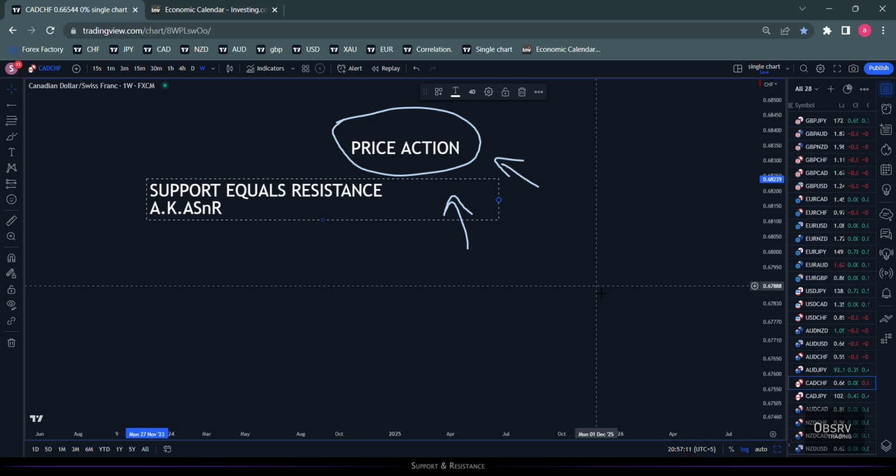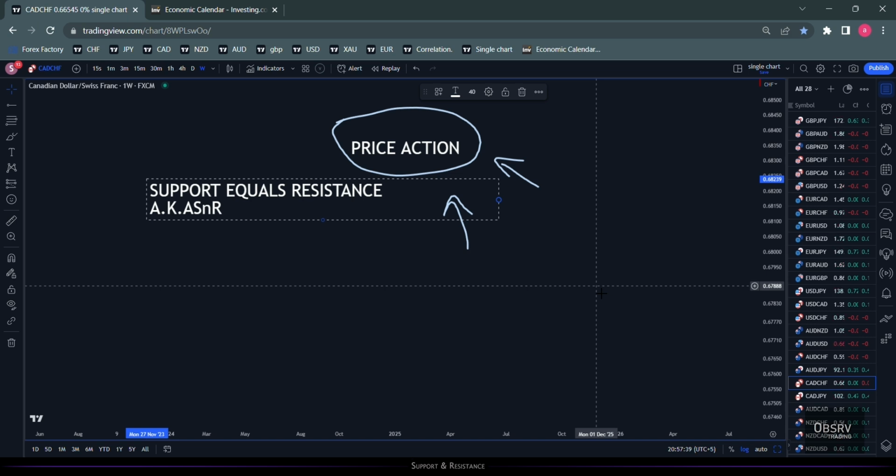What is a support? To make it more understandable for you guys, let's say you have a tennis ball and you drop it towards the floor, or any other surface for that matter. As you drop the ball and it reaches that surface or floor, it's going to bounce back up as if the surface you're throwing it to is giving support to the falling ball and pushing it back up.